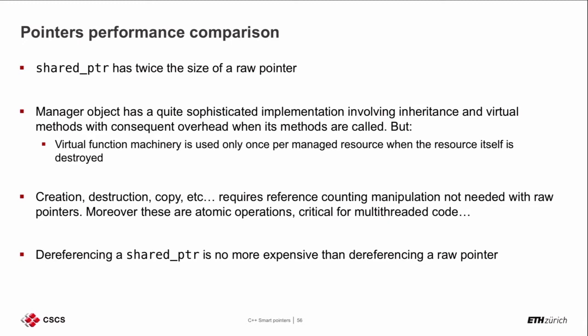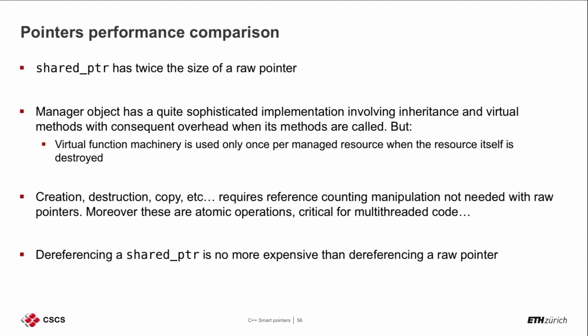So there is some overhead when the delete procedure starts, during the release, during the memory deallocation, that can generate some overhead in terms of performances. But the thing is that all this virtual machinery is only involved during the release procedure. So unless you are continuously creating and destroying shared pointers, it won't be an issue in terms of performance in your code.